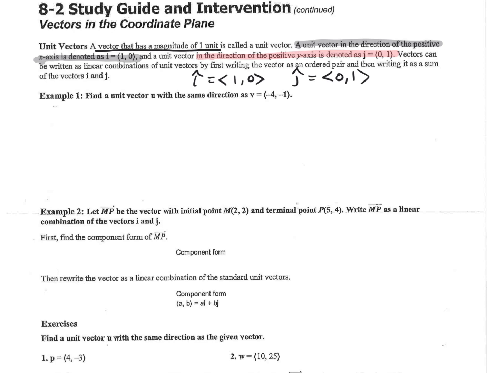Okay? Now, how do we find a unit vector? There is a formula for it. The unit vector u is equal to one over the magnitude of the vector times the vector. In other words, I want to be able to write it in I hat, J hat form.